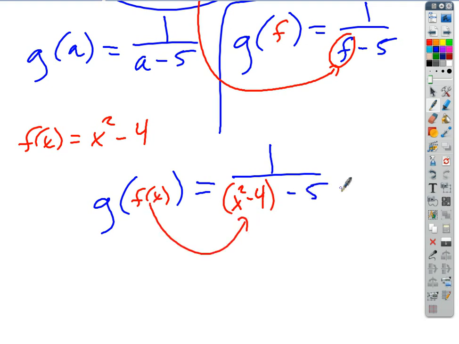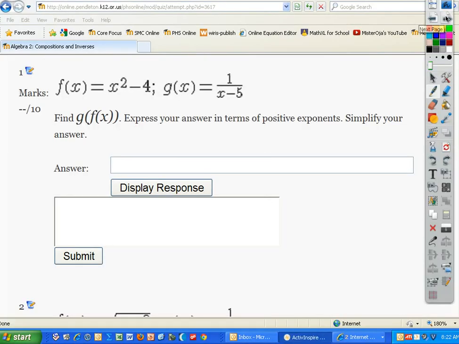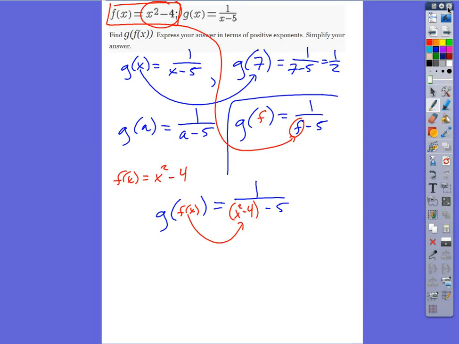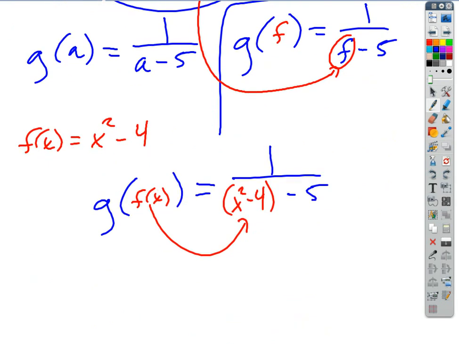That's it. Okay. So then if I simplify that on the bottom, if I add like terms, what's x squared minus 4 minus 5?